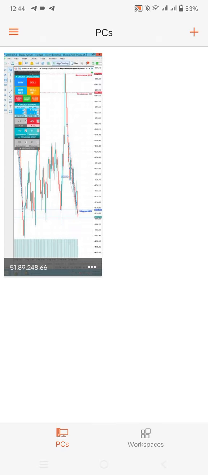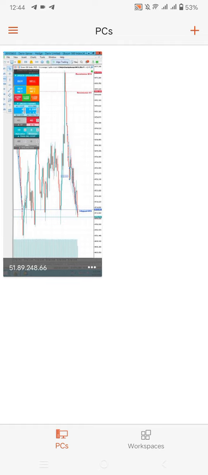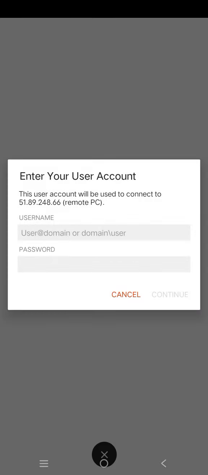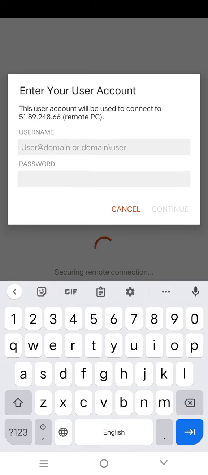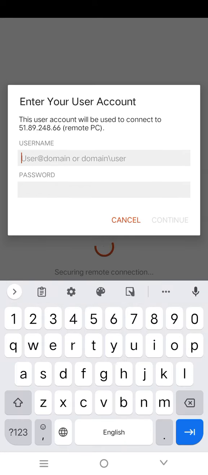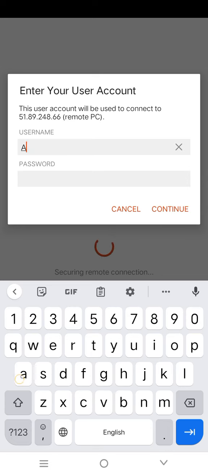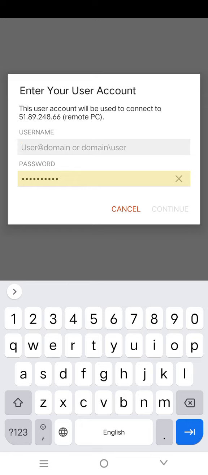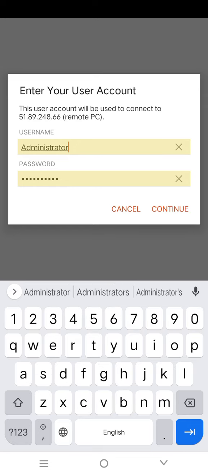Okay, now this is the robot, guys, which is working on my VPS. Now let me show you on my VPS the bot is working.